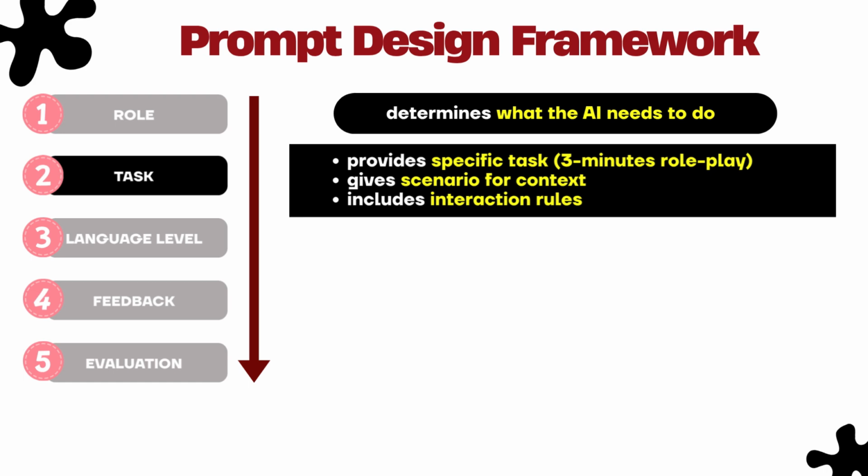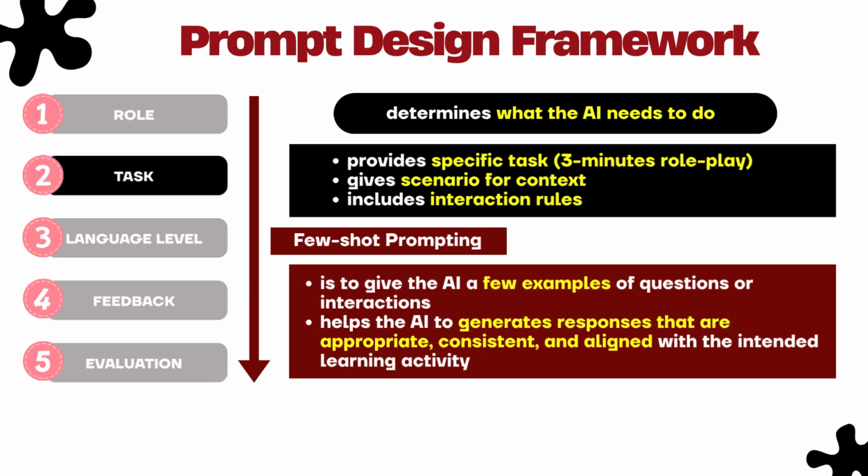At this stage, we can use few-shot prompting by giving examples to guide the AI on the type of questions or interactions expected. By giving sample questions, the AI can generate responses that are more appropriate, consistent, and aligned with the intended learning activity.